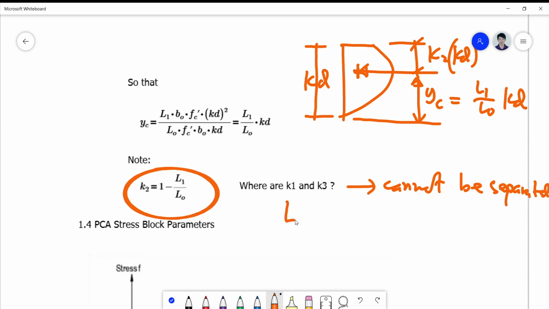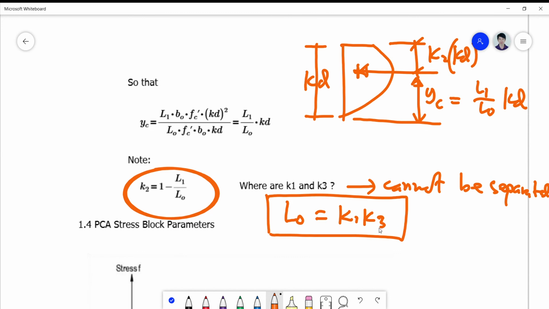Such that Lo is simply equivalent to k1 k3. So just remember this. K1 and k3 are just the equivalent in terms of the product of your Lo, defined in terms of Lo.